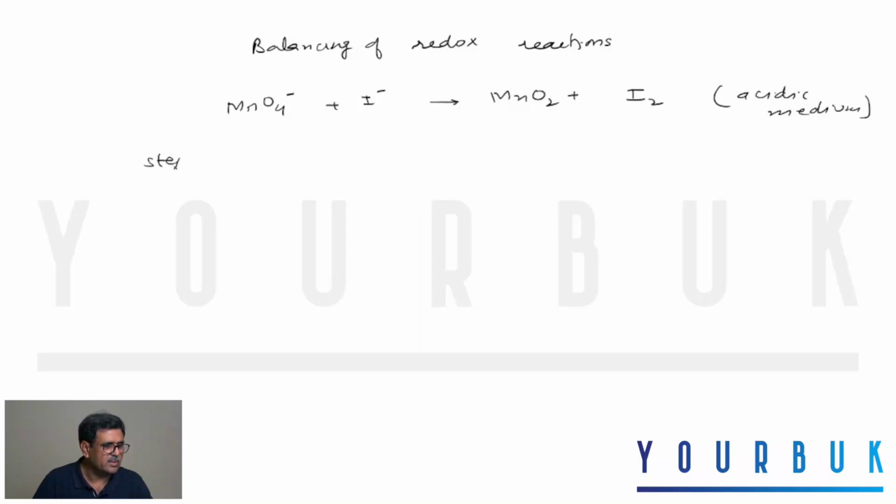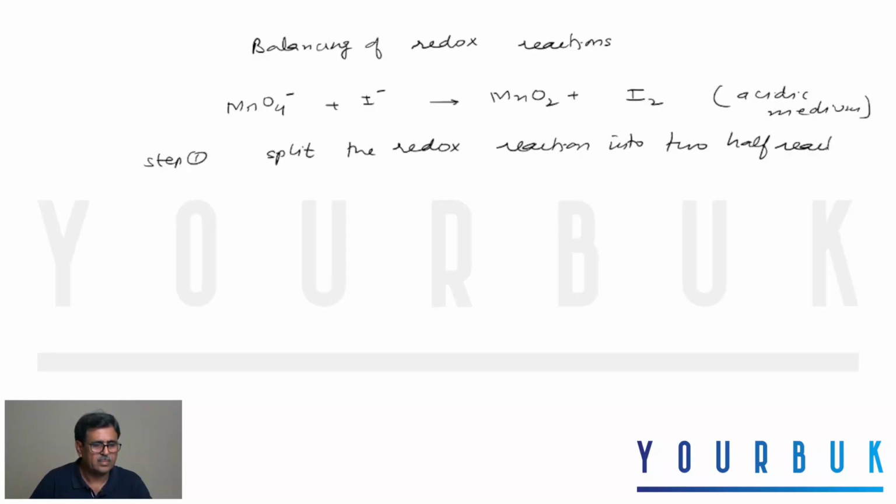Step number 1 is split the redox reaction into 2 half reactions. For example, MnO4 minus changes to MnO2 and I minus changes to I2.